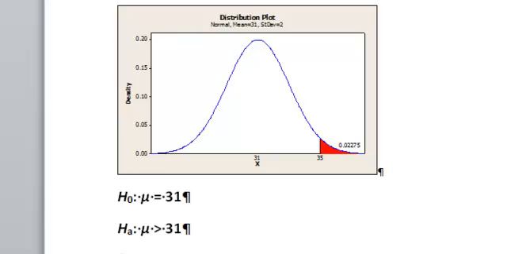So if our sample mean was 35, that would probably be enough evidence to support the claim that the mean has increased from 31. Hence this is why we call it a right-tailed test, because we're looking in the right tail to see if our sample mean is far out into the right tail. If it is, then that's going to be enough evidence to reject the null hypothesis in favor of the alternative.